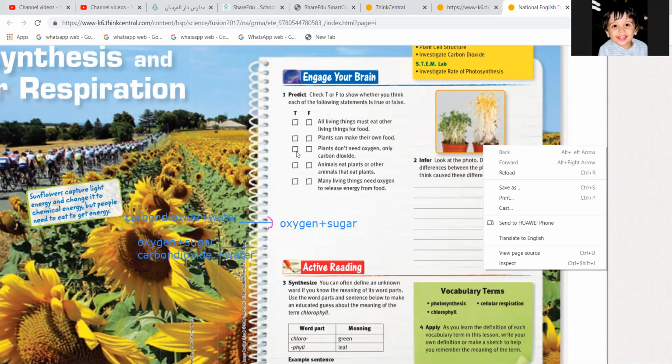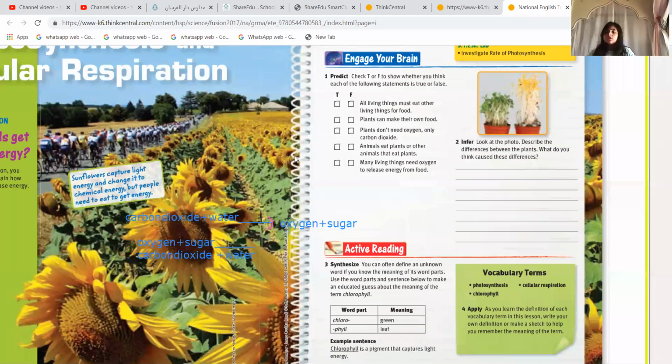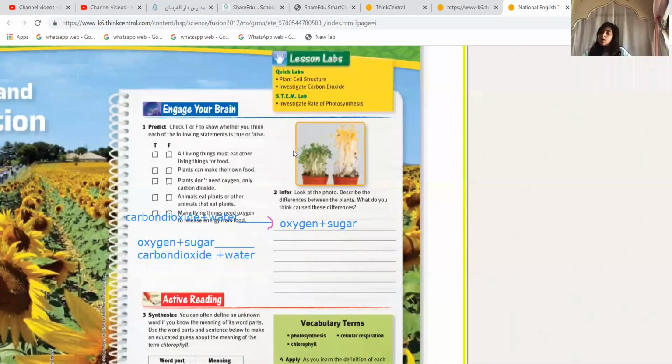For here, definitely you will write true that plants don't need oxygen, they need carbon dioxide. But girls, in higher grades, they need air. For example, if you keep a plant without air, do you think it will survive? No. It takes carbon dioxide. Anyways, put false for that. Sorry, true for that. Yes, Miss, and also in the night it gives out carbon dioxide.